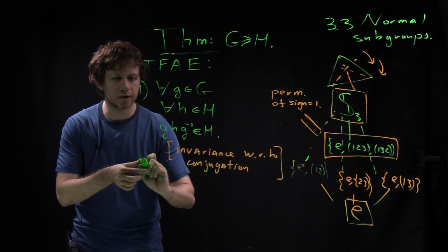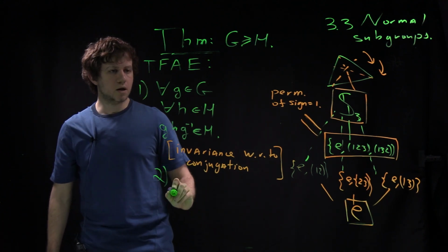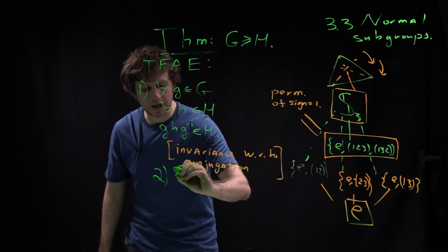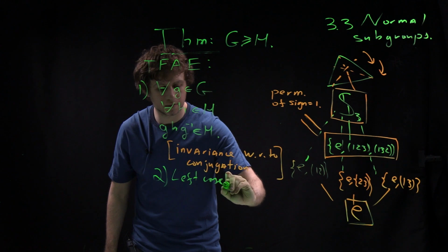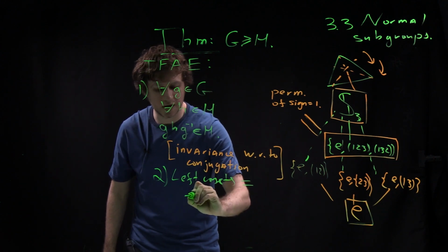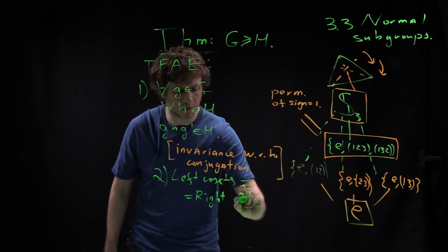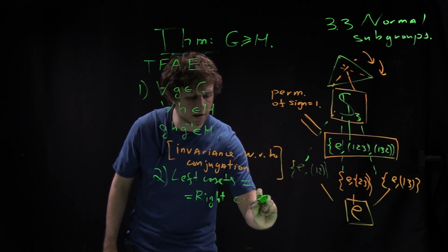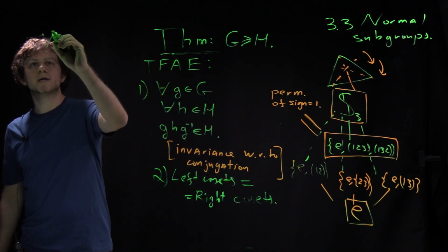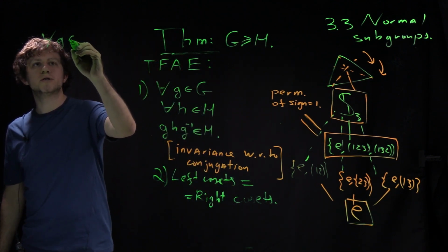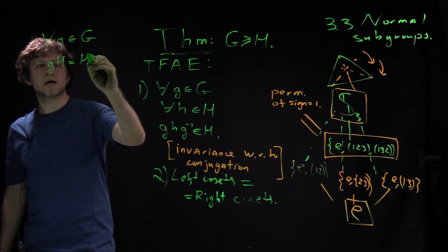The second one is that left cosets are the same as right cosets. The convenient way to write it is: for every g in G, gH is the same as Hg.